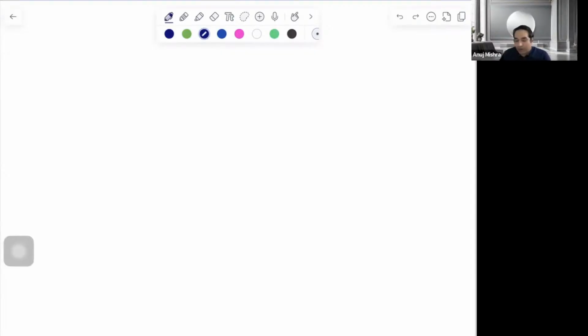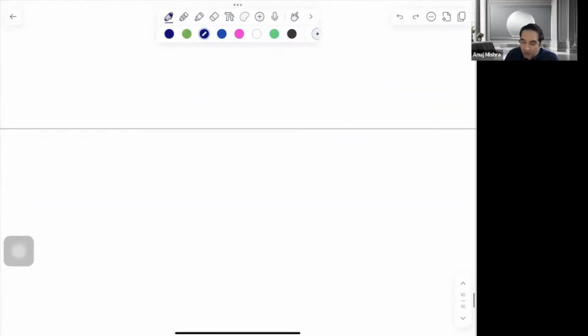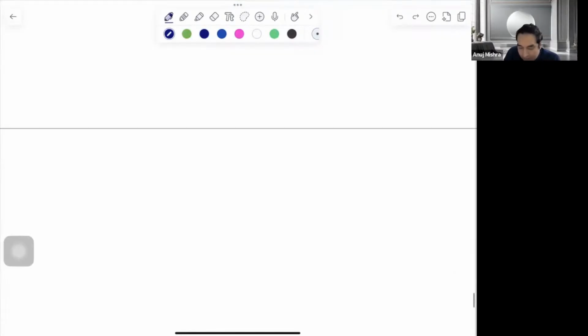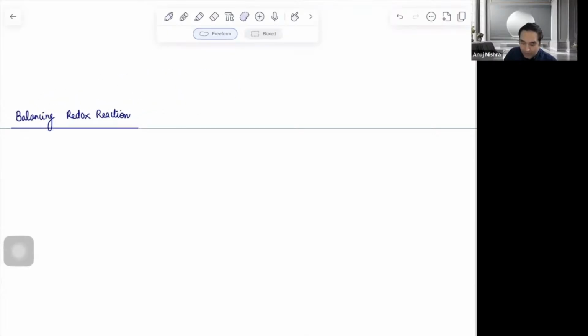So this class, we're going to do a different part of it. Rather than just continuing in the same direction, I'll take a small turn and try to do something different, which everybody can understand. And this is called balancing redox reactions. What do we mean by balancing redox reactions?